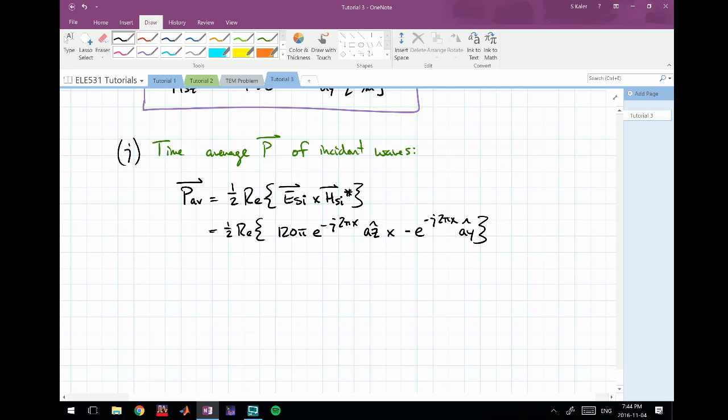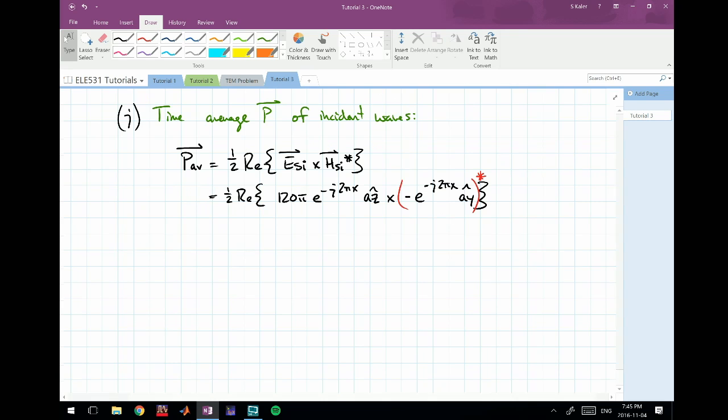But this whole thing, you have to keep in mind, has to be conjugate. So I end up with AZ cross minus e to the positive j 2 pi x, because I took the conjugate there. And if you remember, when we take conjugates, we flip all the signs on the j terms.